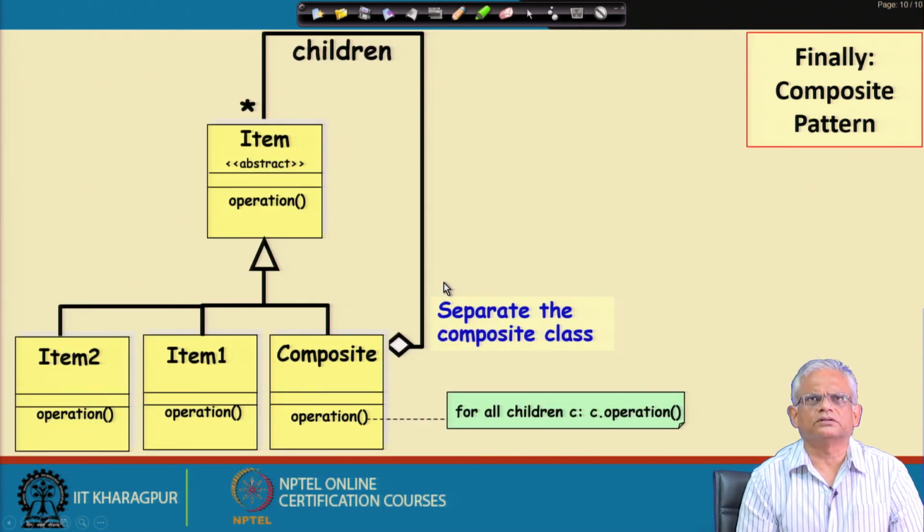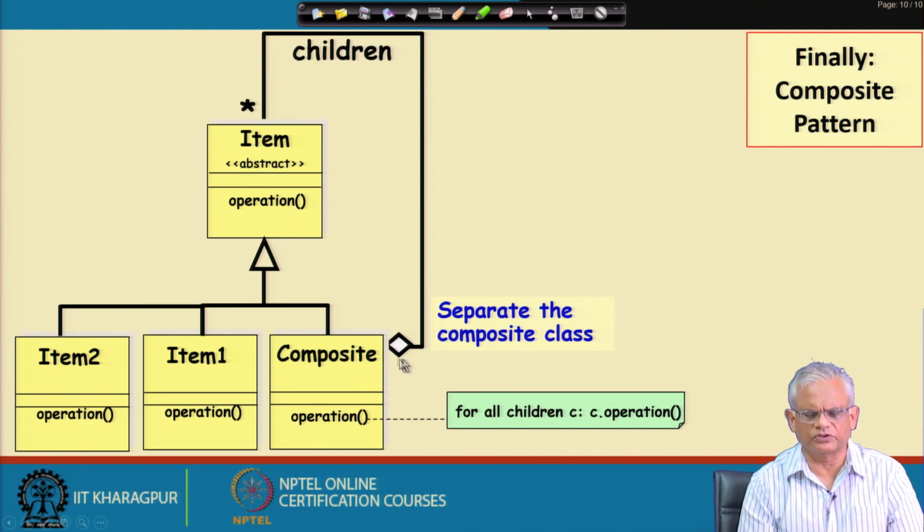Now, we ask the designer to go back to the design table and come up with a better solution. Now, he comes up with this solution that an item is abstract here, and it does not violate the basic object oriented principles like the Liskov substitution principle, and the derived classes are either primitive elements or a composite.